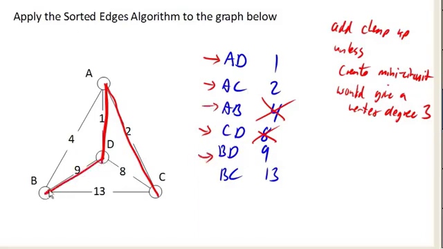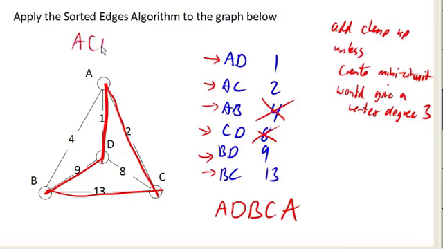And then my only other choice is this one, the B to C, for a cost of 13. So the circuit we end up with is A, D, B, C, A. Notice I just picked a starting point and a direction, so I said A, D, B, C, A. It would have been totally correct here also to say A, C, B, D, A. That is equivalent.